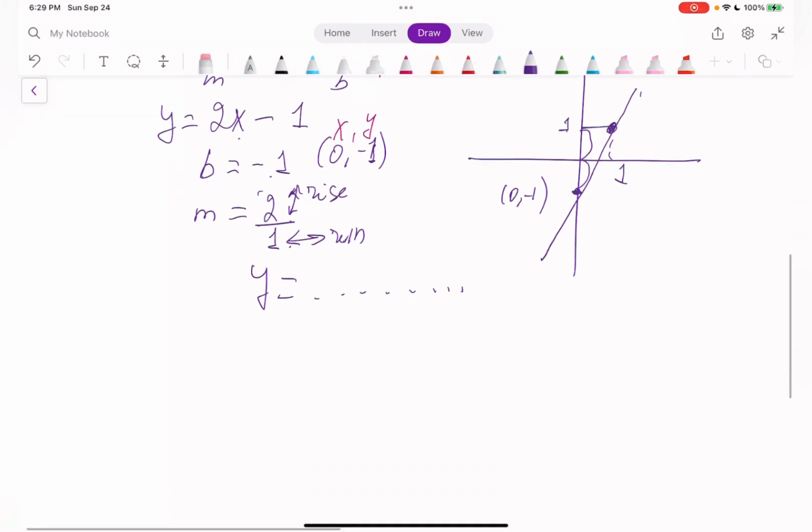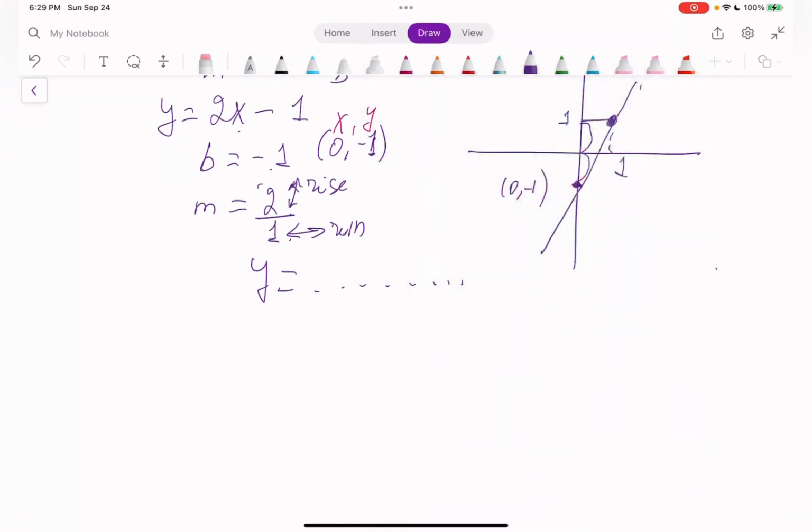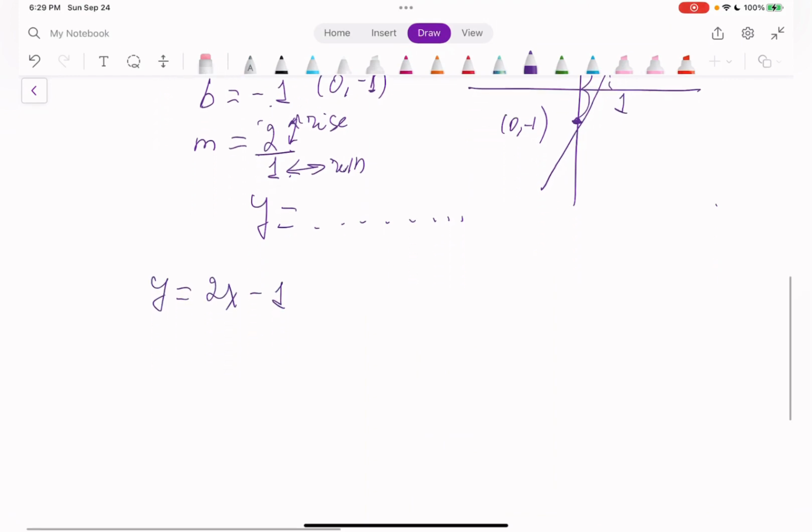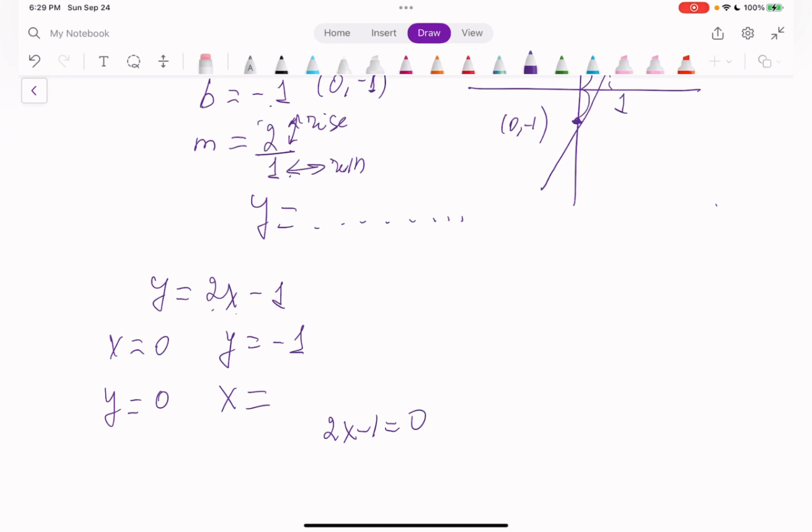And the third method is by intercepts. Y is equal to 2x minus 1. By intercept, when x is equal to 0, how much will y be? If x is 0, 2 times 0 is 0, y is equal to negative 1. When y is equal to 0, what do we get? We get 2x minus 1 is equal to 0. 2x is equal to positive 1.